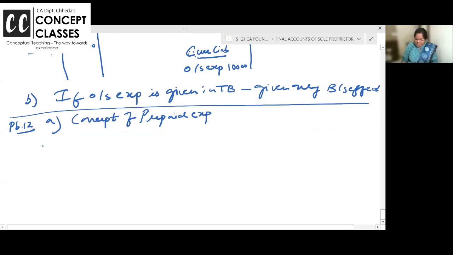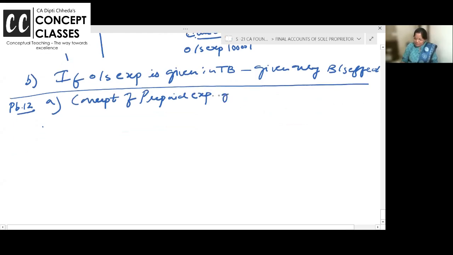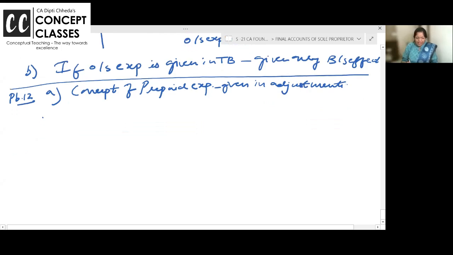A bit is given in adjustments, below the trial balance. So what entry will you pass? Look at this: 1/7/2020 to 30 June 2021.